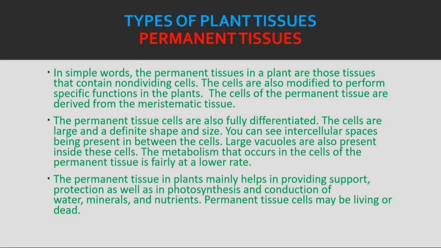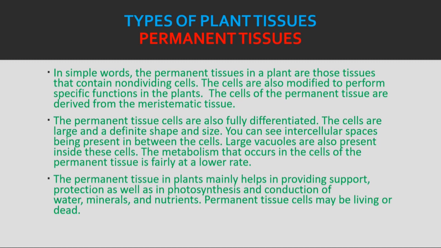The permanent tissue in plants mainly helps in providing support, protection, photosynthesis, and conduction of water, minerals and nutrients. The permanent tissue cells may be living or dead.